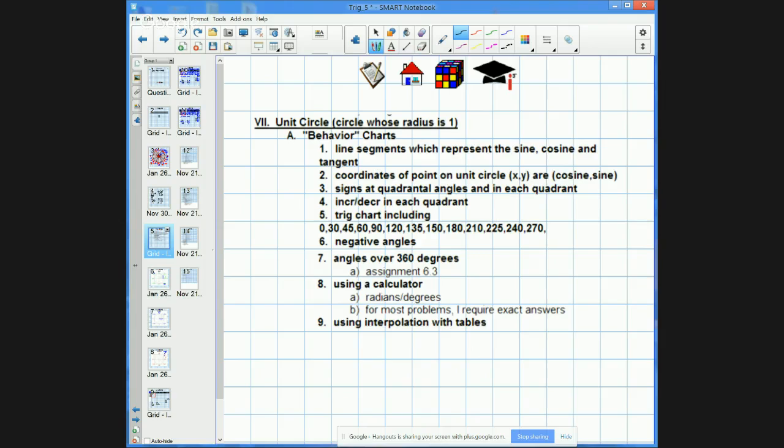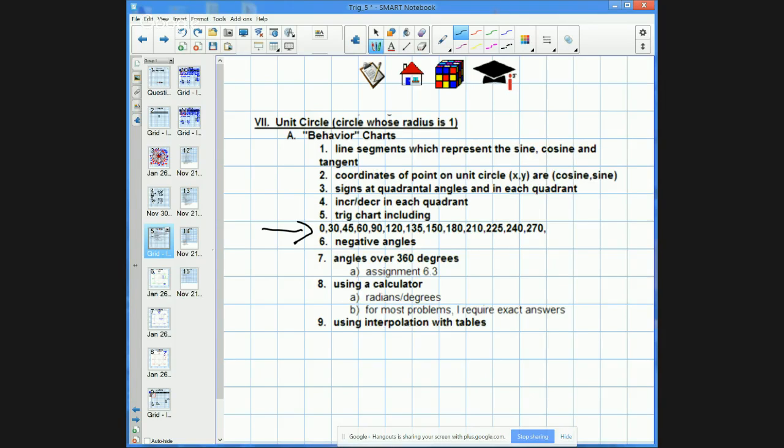So the outline, kind of where I wanted to go today. We'll see how far we get, but we've already looked at the behavior charts, but I want to look at them again and make sure, hopefully, you get what those behavior charts are trying to show you. And then we're going to apply that when we come down here.